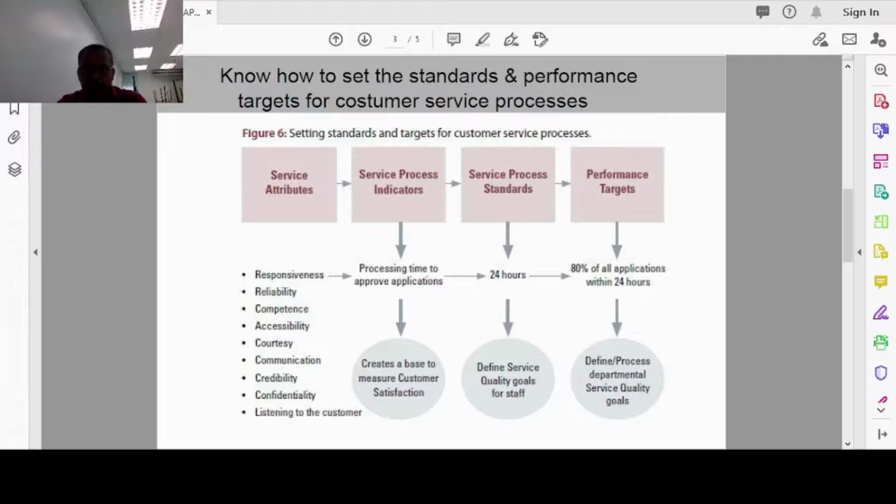The second element is service process indicators, including process time to improve applications, creating a base to measure customer satisfaction. The third element is service process standard: there is a timeline, defining service quality goals for staff. And the last one is performance target, such as having a target of 80% of all applications related to powers, and defining departmental service quality goals.